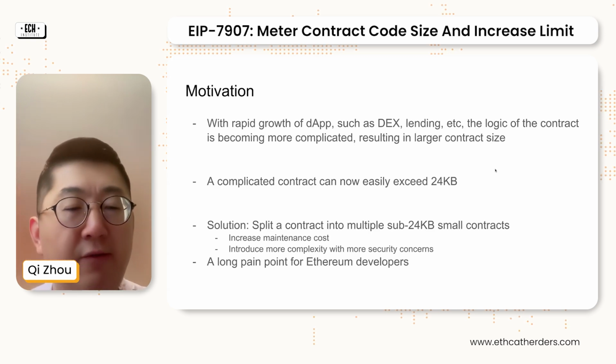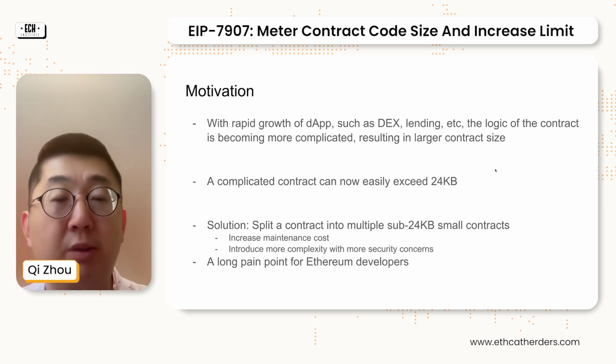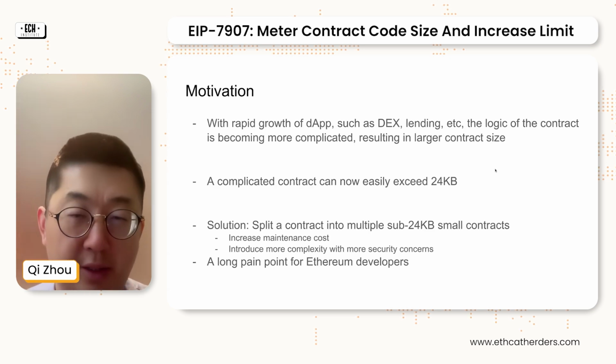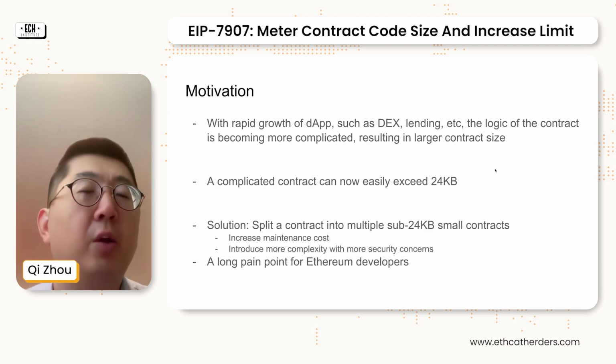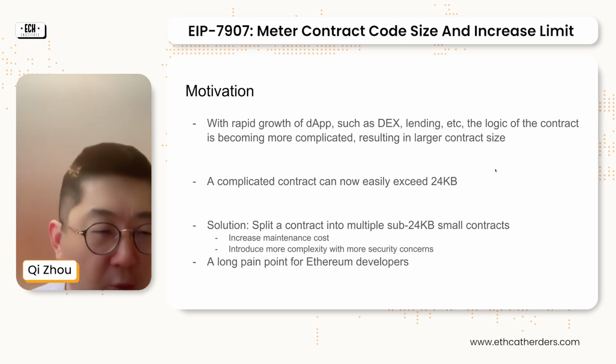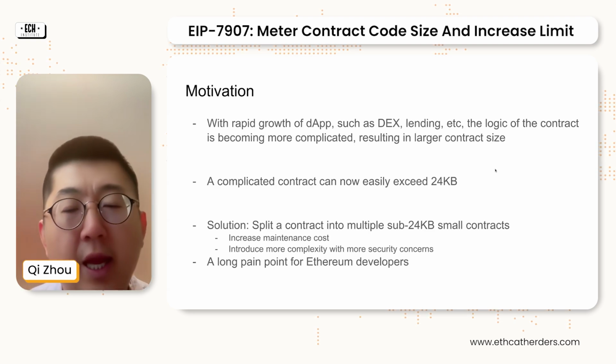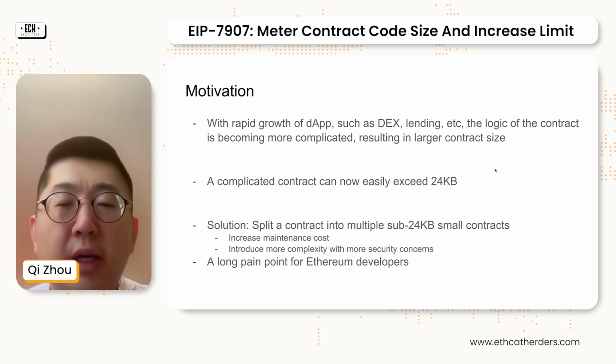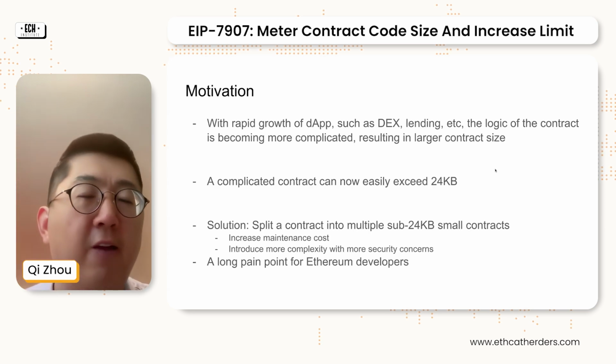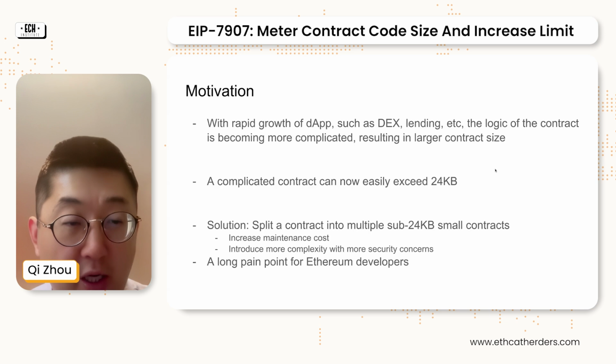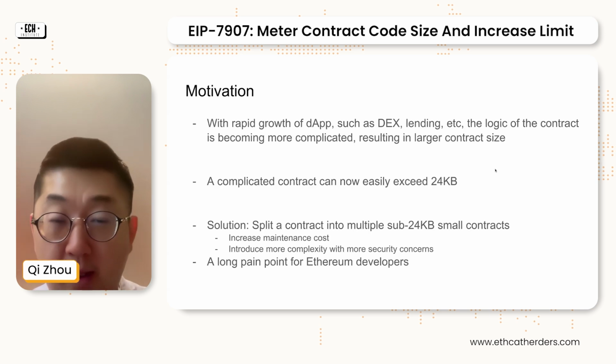Unfortunately, when I first write the contract, I have to make sure everything works correctly and test everything. Then later, when I deploy and find that the contract is too large, I have to manually split it, which increases the maintenance cost.